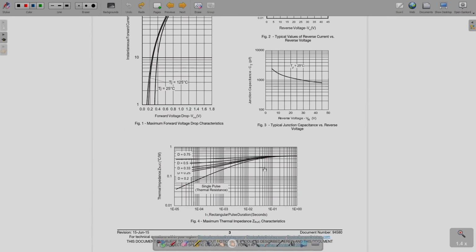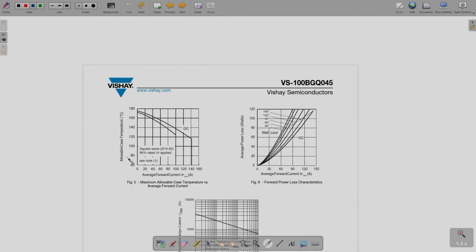Then there are some thermal graphs which are also given in the data sheet. This we will not take up now, we will discuss later on in the course. Next you see this allowable case temperature versus your average forward current, and here you can see that case temperature decreases as forward current increases.